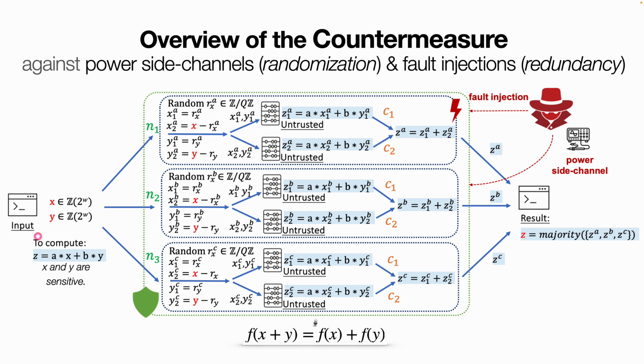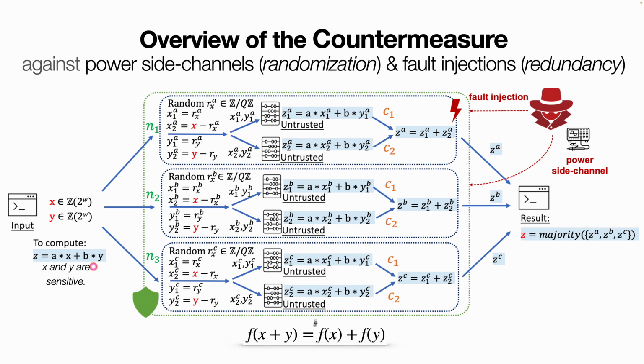Here, we have a calculation that we want to make. Let's call this function Z. And this function is A times X plus B times Y. A and B can be constants. X and Y are actually sensitive. So the parameters N and C come through a property, actually a linearity property, right?